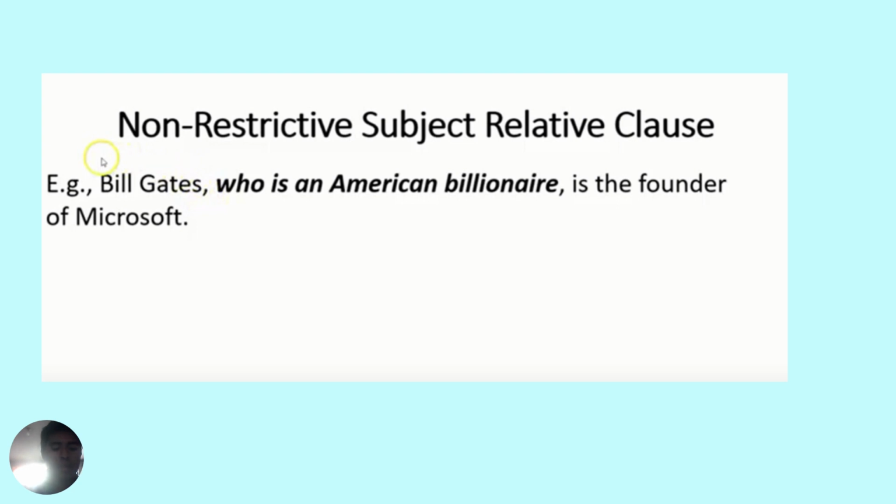You notice it? I made a slight pause in my speech, because that who introduces our non-restrictive subject relative clause. In writing, we show that by a comma right after my subject, Bill Gates. I pause, comma, to let the reader know that I am going to introduce more information.